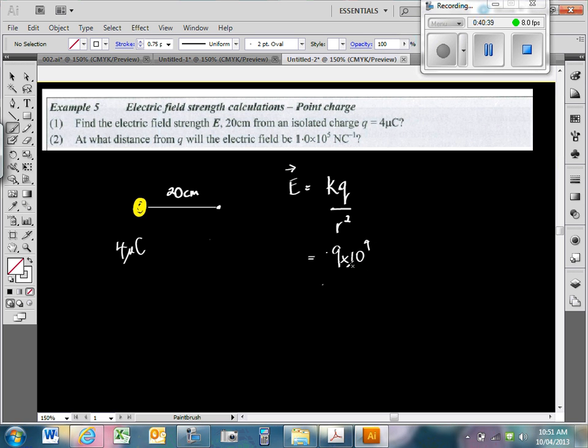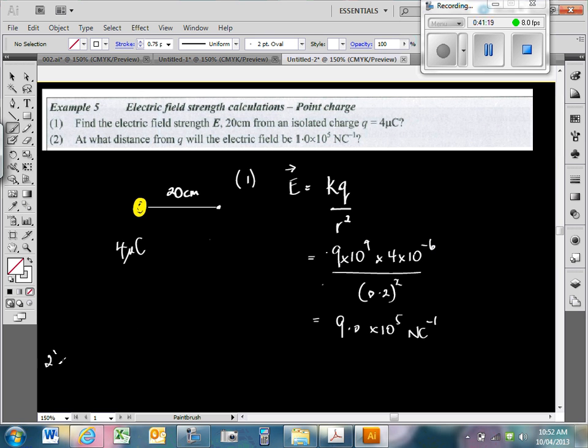When we leave electric fields, you'll forget it again, but it is in your equation sheet. kQ, what is Q? 4 microcoulombs, on the distance between them squared. 9 by 10 to the 5 newtons per coulomb you should have got. That's part 1, and that's pretty straightforward.